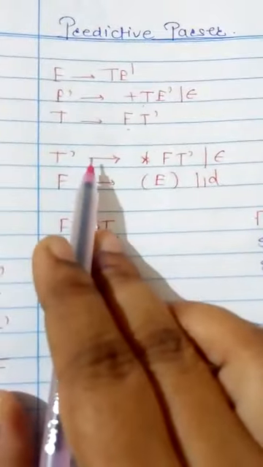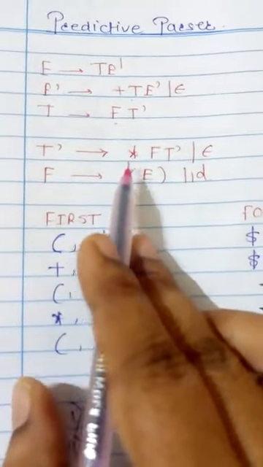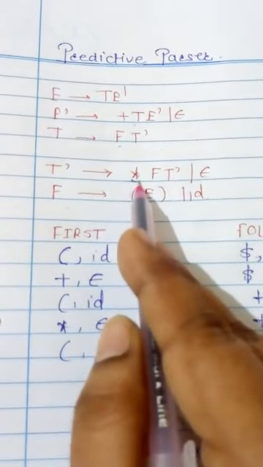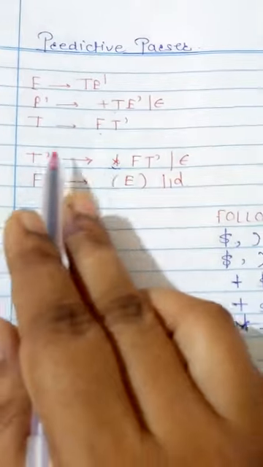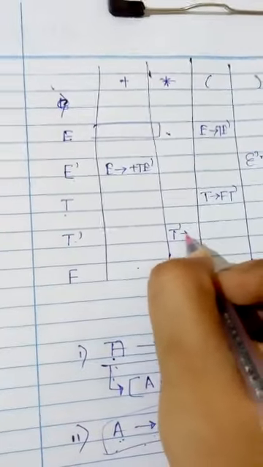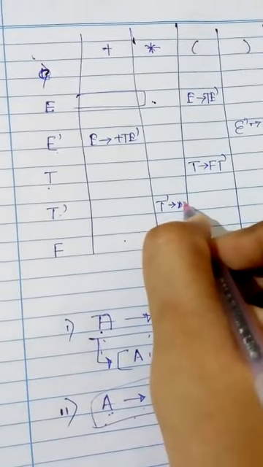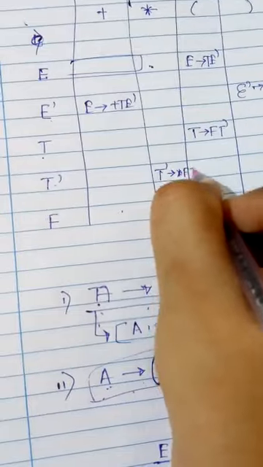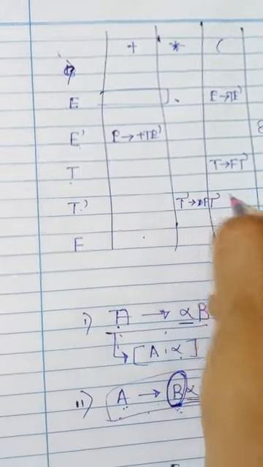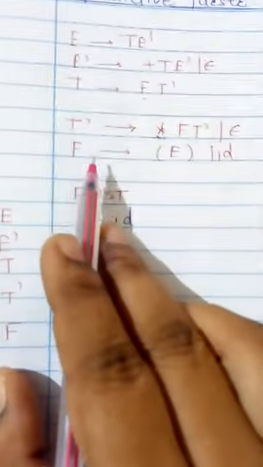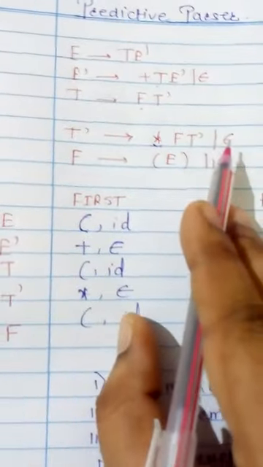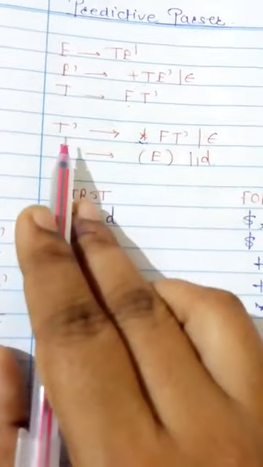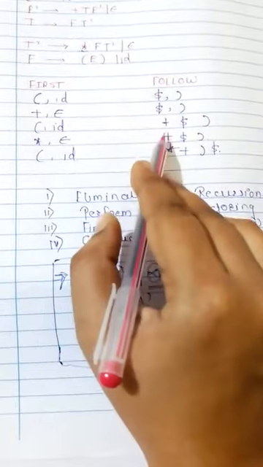Okay, then next T dash gives me star FT dash. As it starts with a terminal, directly we will add this rule into the T dash comma star column. So T dash comma star, I will write T dash gives me star FT dash. Okay, then next T dash gives me epsilon. If it is such a rule, find out follow of T dash. So follow of T dash is what?